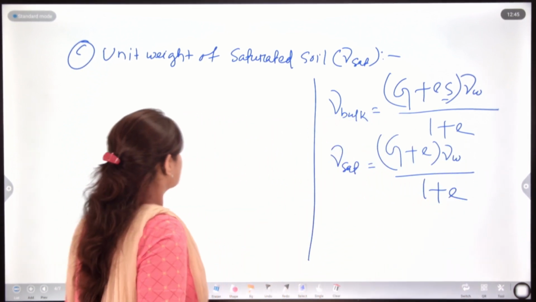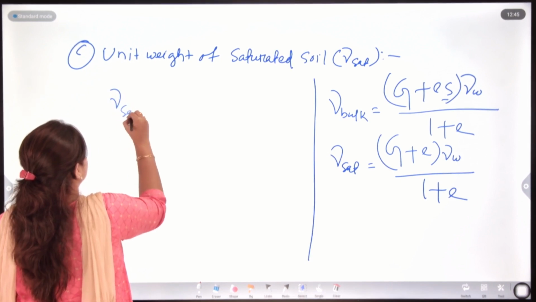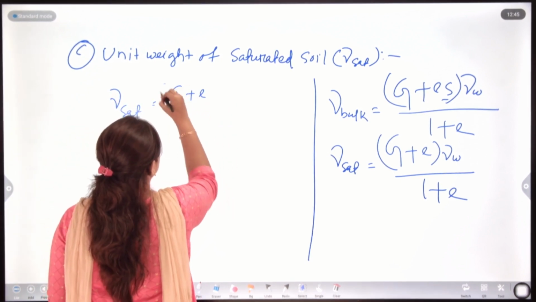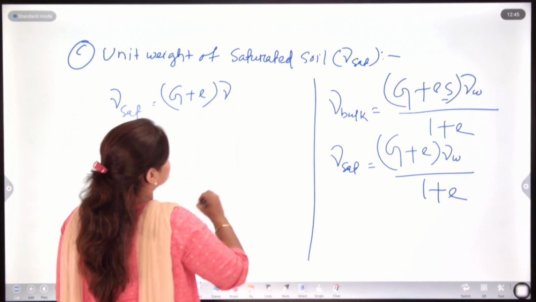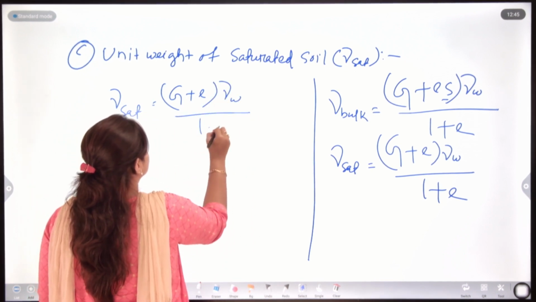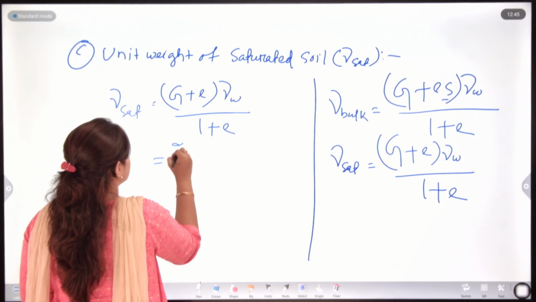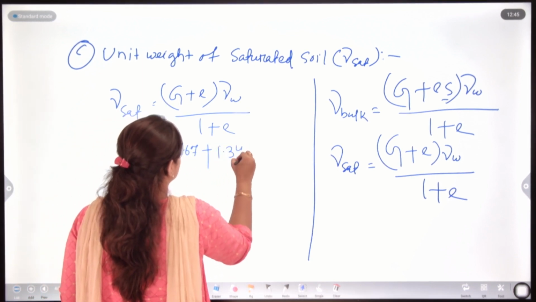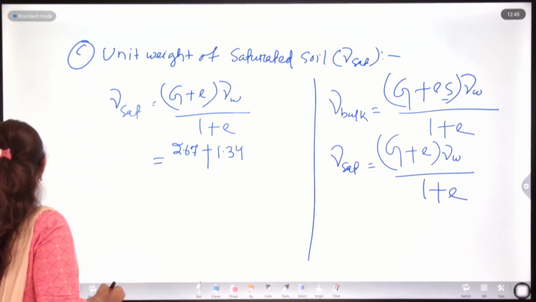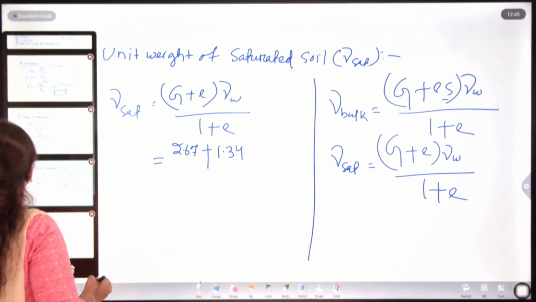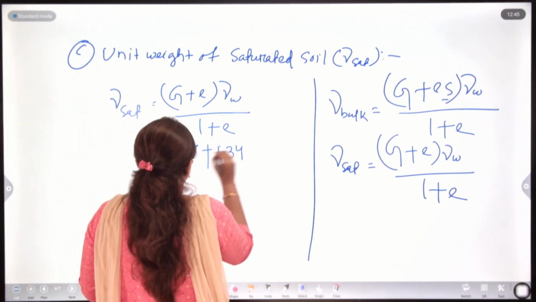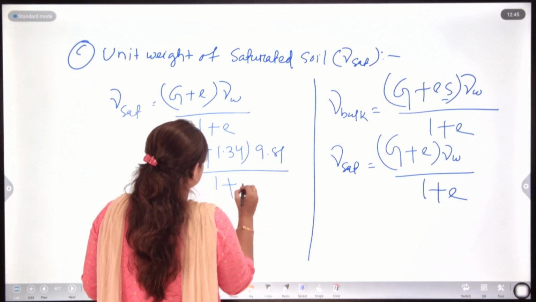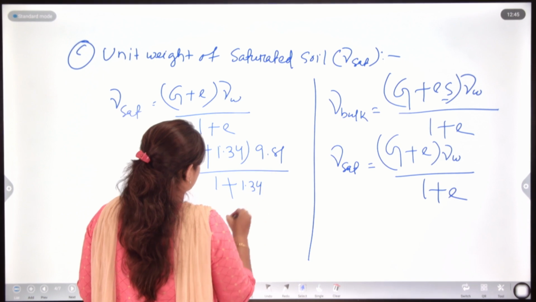By using this formula, G value is 2.67 plus, sorry, value of e is 1.34, into 9.81 upon 1 plus 1.34.